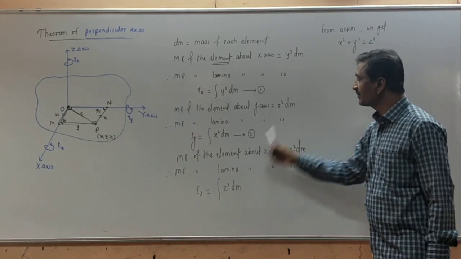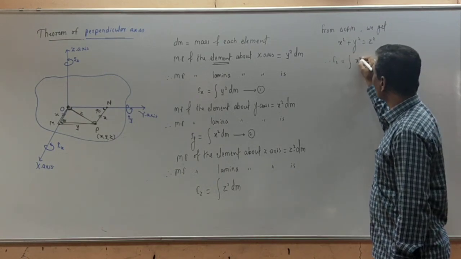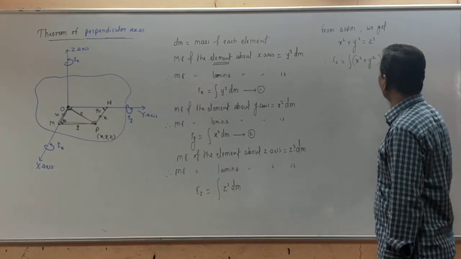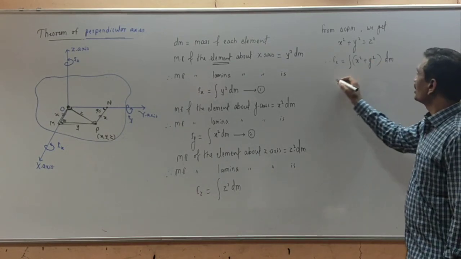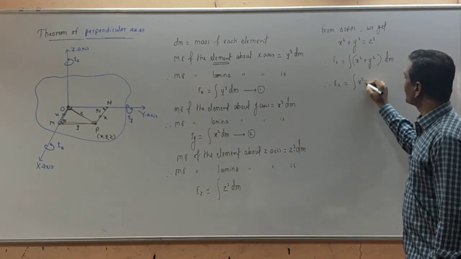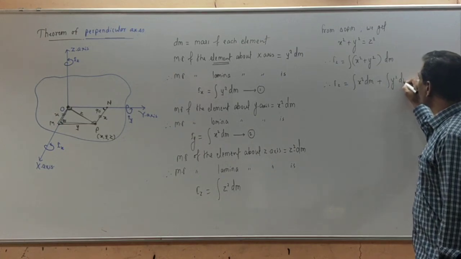Put the value of z square here. So we get Iz is equal to integration of (x square plus y square) into dm. Separate the integration here. We get Iz is equal to integration of x square into dm plus integration of y square into dm.